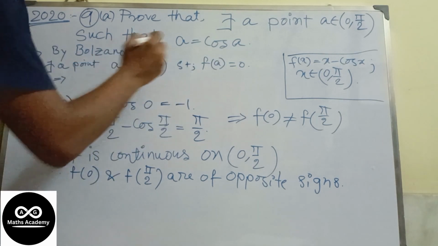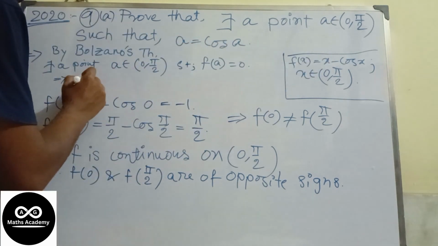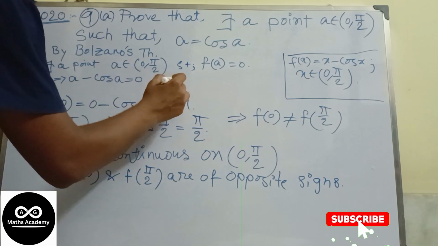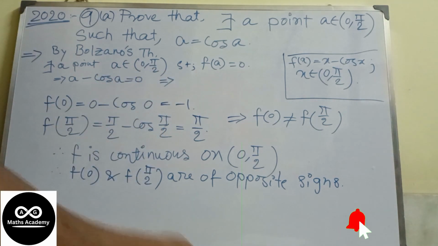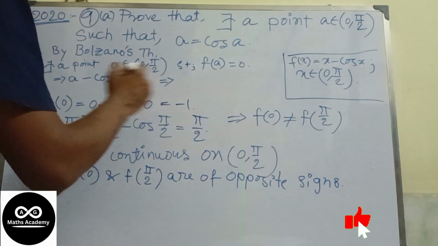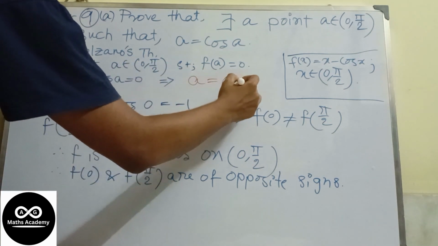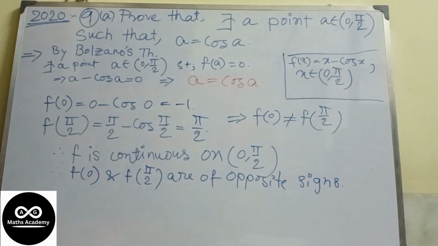This implies A minus cos A is equal to 0, which implies A is equal to cos A. Okay, so proved.